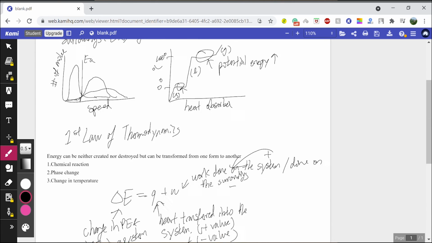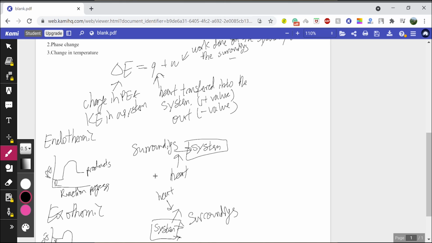Now, one last formula that you need to know is that P is equal to F divided by A, where P is pressure, F is force, and A is area. Now, delta V, which is a change in volume, is equal to A times delta D, which is a change in distance.